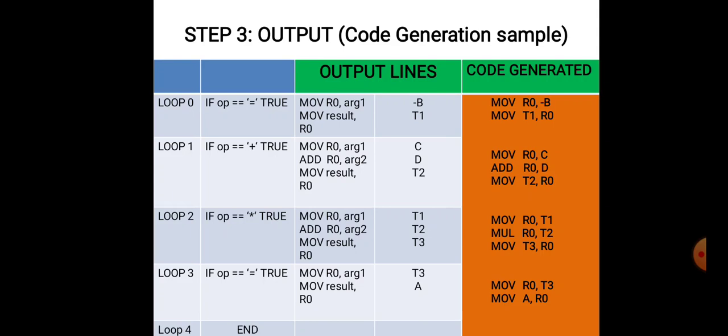Now a is having the overall simplified value of an expression statement. So the color orange will represent the machine code generated based on the comparisons with the operators.